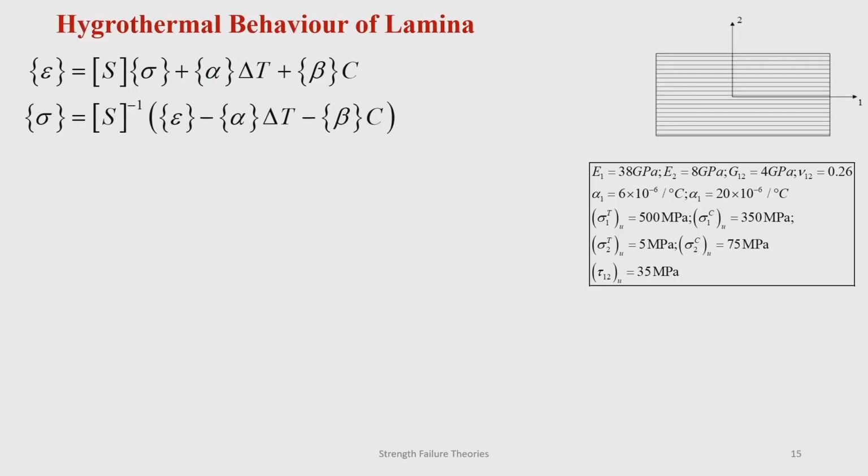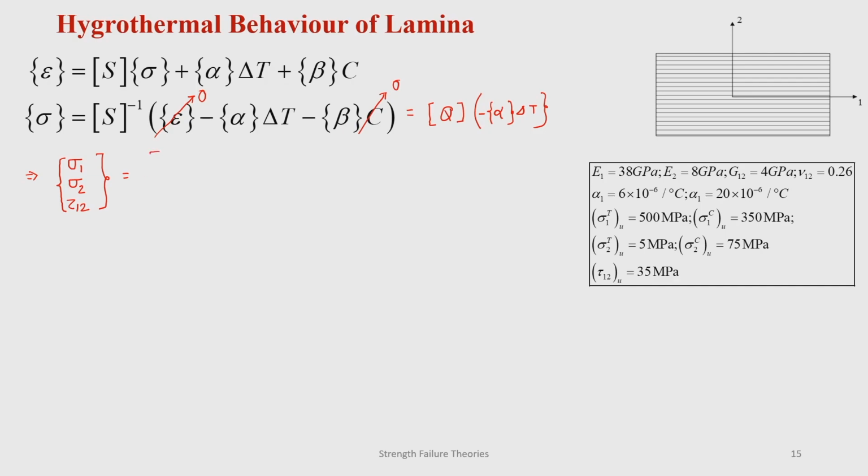Now, since it is fully restrained, that means the strain is equal to 0. So, what is the stress then? Sigma 1, sigma 2, tau 12. We can write this as Q, S inverse is nothing but Q into minus alpha delta T. Here there is no moisture concentration also, it is 0.